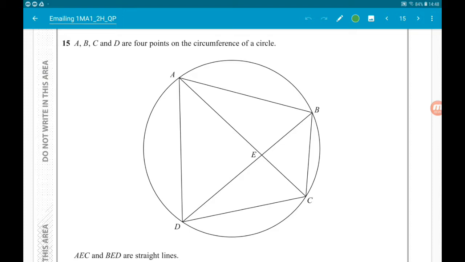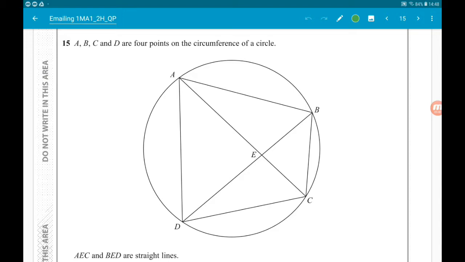So, those are the lines going diagonally through the circle. We want to prove that triangle ABE and DCE are similar. Now you must give reasons for each stage of your working.